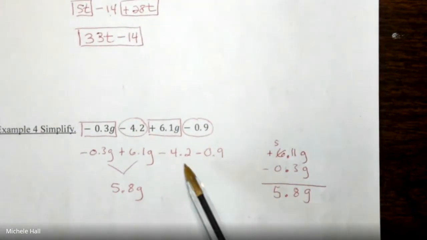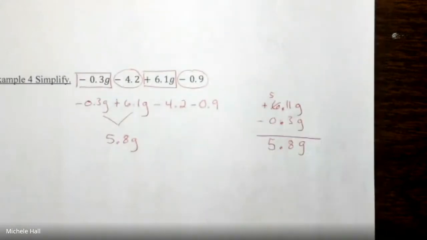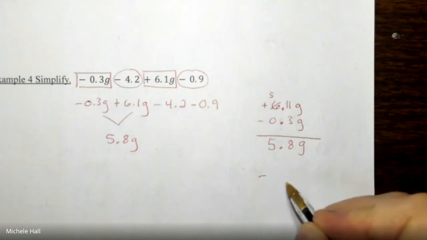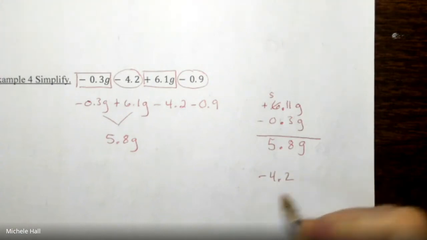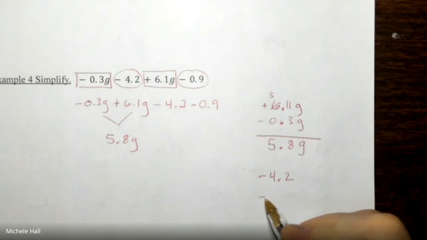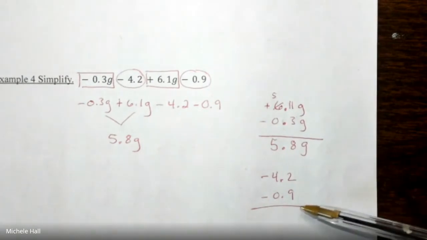Now I have negative 4.2 and negative 0.9. These are like signs. When I have like signs, I add them up and keep the same sign.